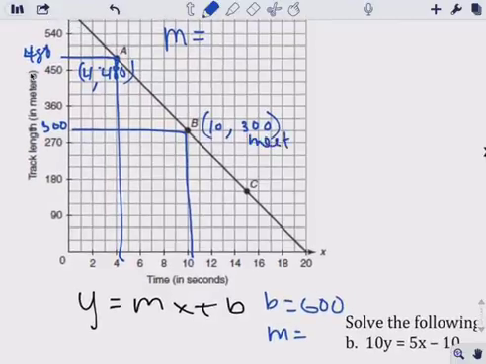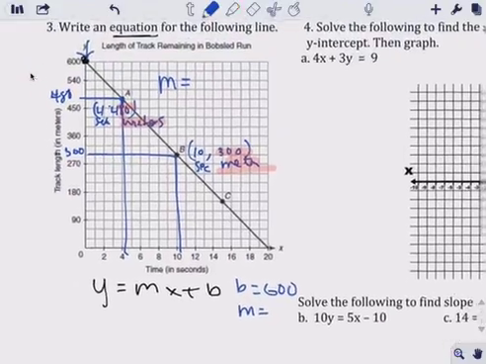300 meters. Ten seconds. 300 meters, 4 seconds, 400 meters. 480 meters. So the second one represents meters. We're going to subtract the meters first to find the slope.